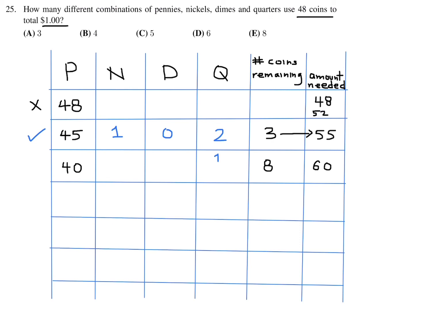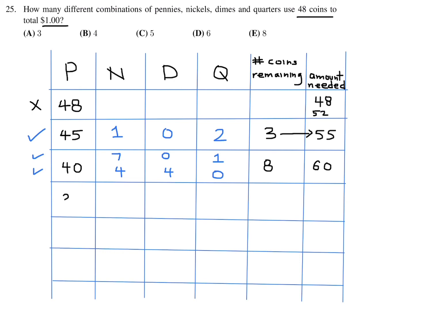How about if I have 1 quarter, that'll be 35, and I've got 7 nickels. That'll do it. And then 0 for dimes. Any other way? How about if I have 0 quarters, 4 dimes, and then 4 nickels? That'll do it also. All right, I've got 2 there.